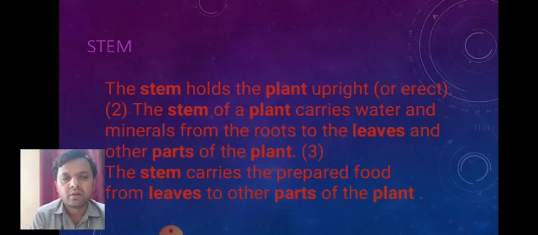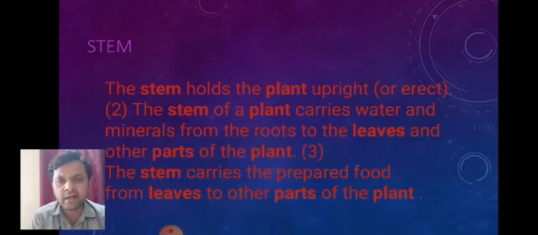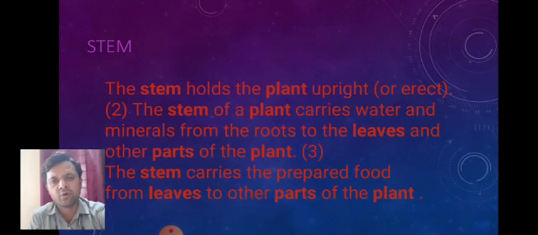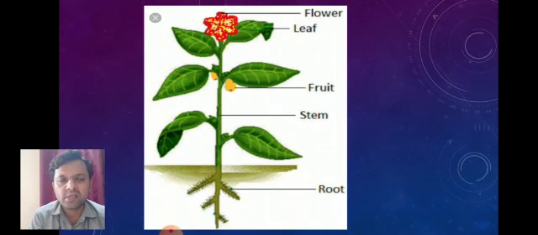The stem of a plant carries water and minerals from the roots to the leaves and other parts of a plant. See, once again, very clear information is given there. The stem of a plant carries water and useful minerals, we can say, from the root to the leaves and other parts of a plant. One more time, see the diagram. See, stem is already attached with the root. Stem is under the ground as well.